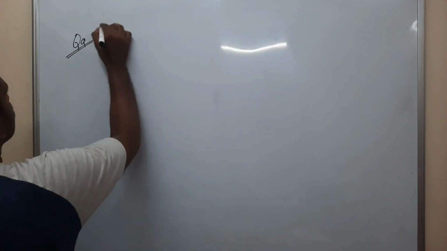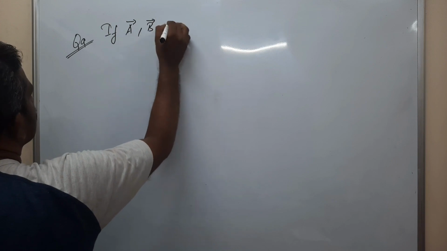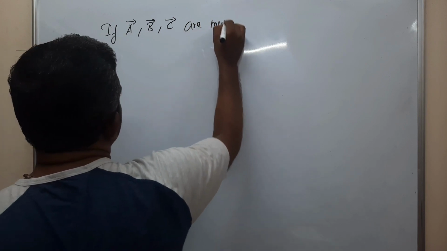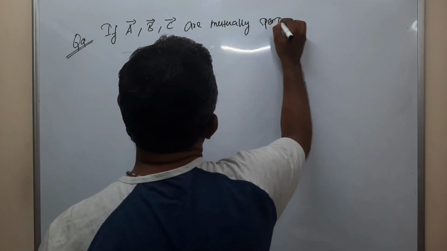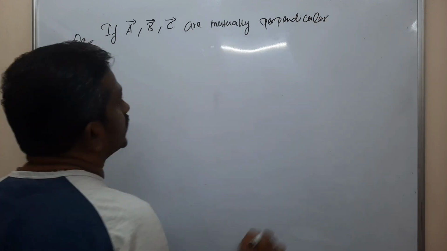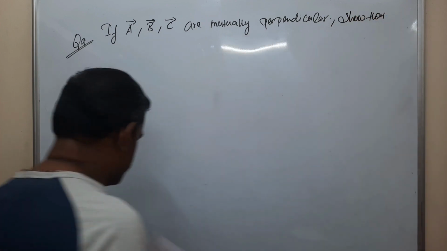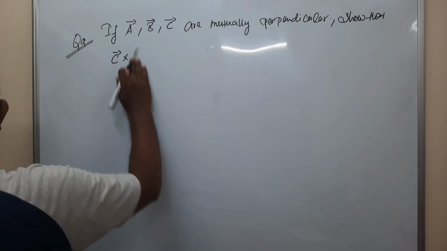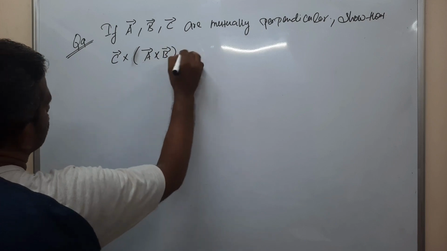If A vector, B vector, C vector are mutually perpendicular, show that C vector cross A vector cross B vector is equal to 0.